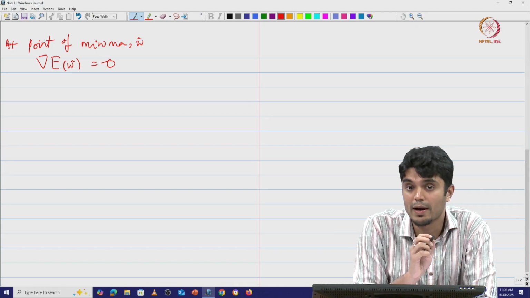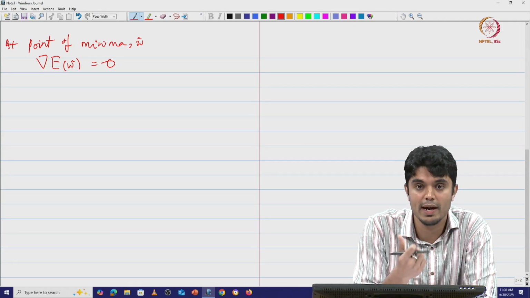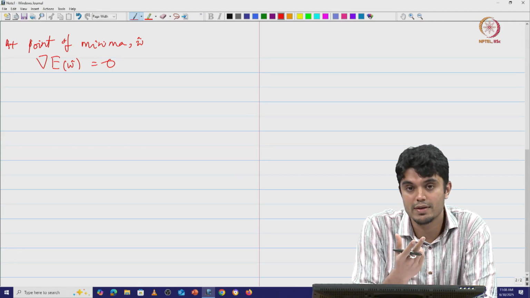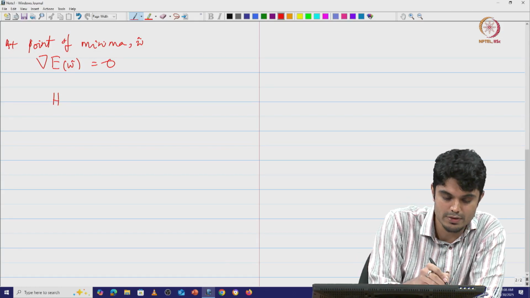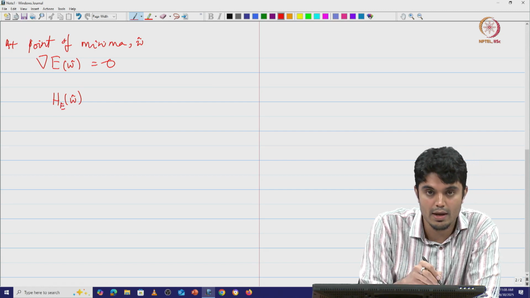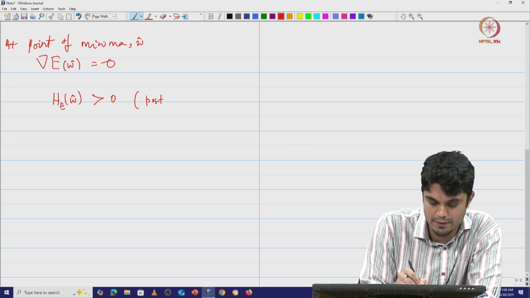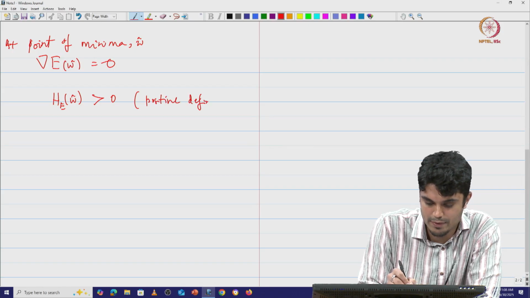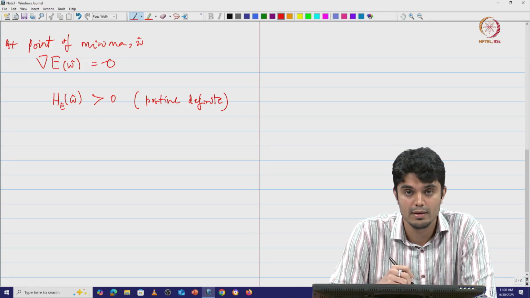How do we know this is a minima? Because the gradient is also 0 at saddle points and at the maxima. We look at the Hessian of E at omega hat. If this is a positive definite matrix, then we know we are looking at a minimum.